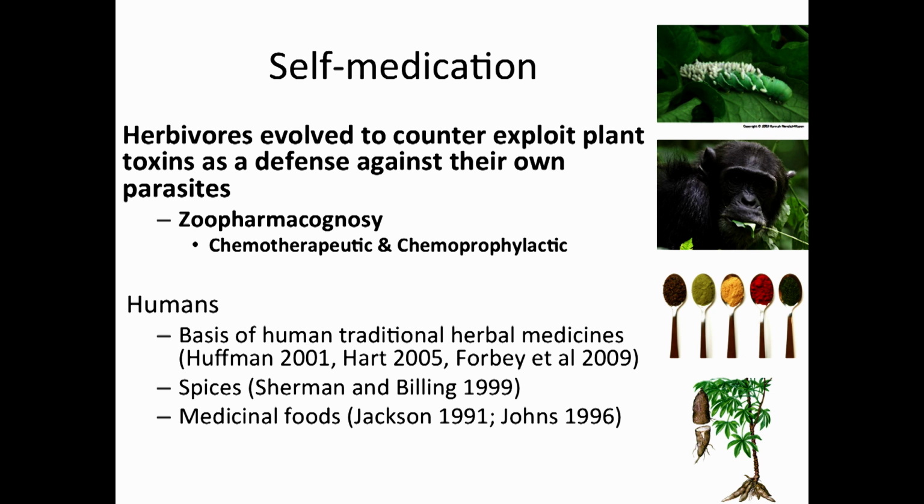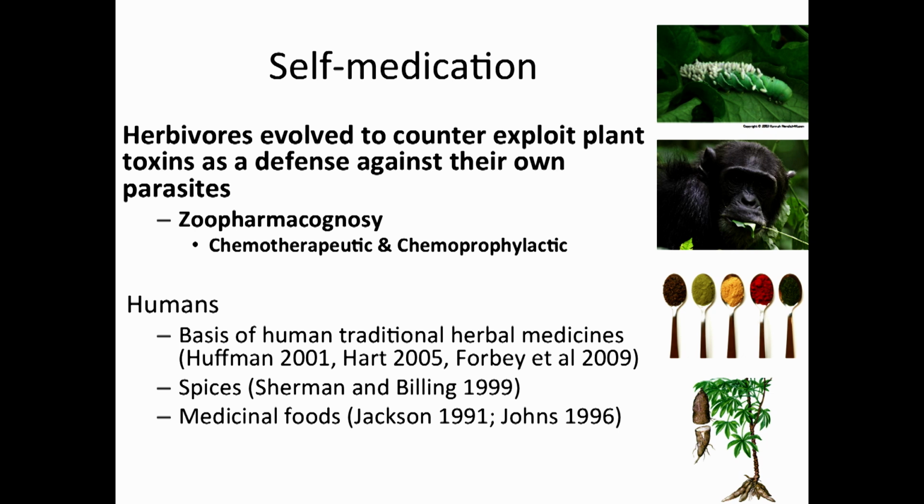Now, self-medication, clearly humans do this. It's the basis of human traditional herbal medicines. There's good research showing that spices, so in fact, there's a whole field of research called drug food, or food medicines, or the food medicine continuum, of which spices would be included.